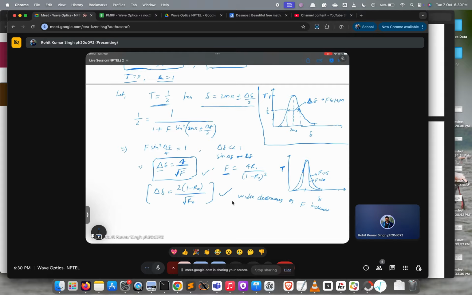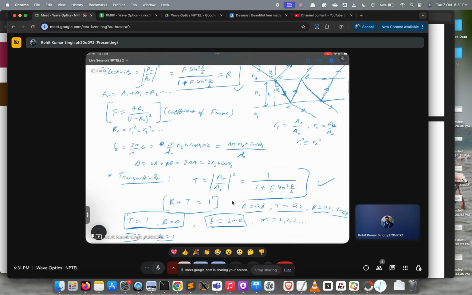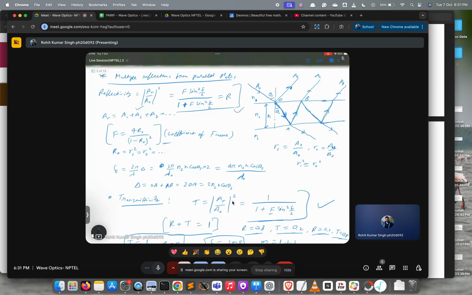Sir, one more thing. You wrote R1 is equal to A1 by A naught. Then you have written that R1 square is approximately equal to R2 square. Why that?